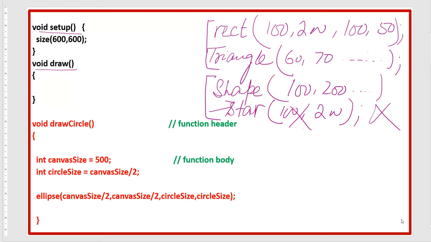I will show it here. Suppose we want to make a star. What you have to do is write down void, just follow the same pattern, right? The word void, and then you write your function name, whatever function you are going to make. Suppose we are going to make a star, so you do not have to write function, just write star.